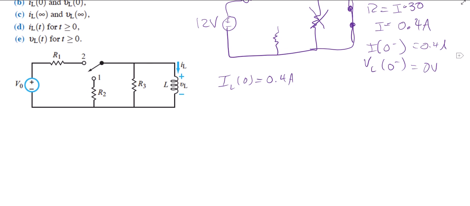And now I'm looking for VL of 0, the voltage at 0 after the switch has been moved to position 1. This was, for me, particularly tricky, so I hope I can explain it well.